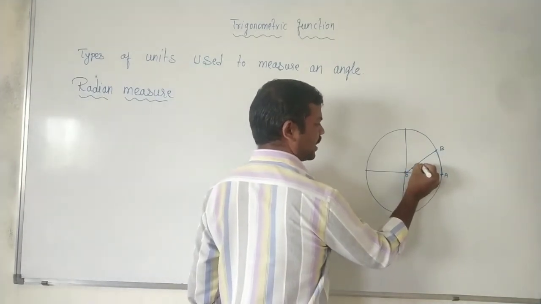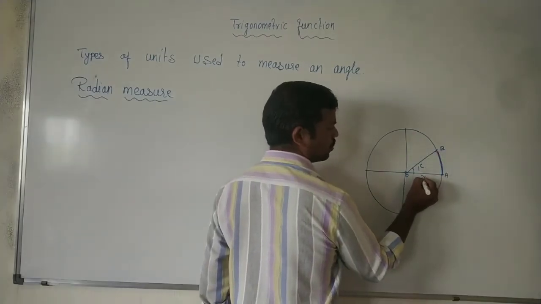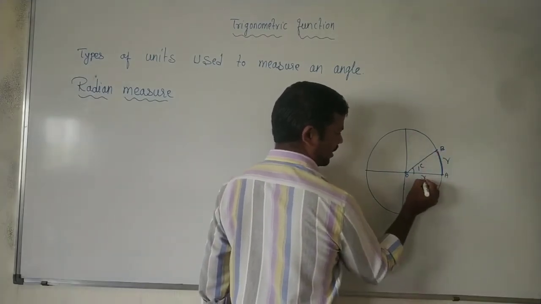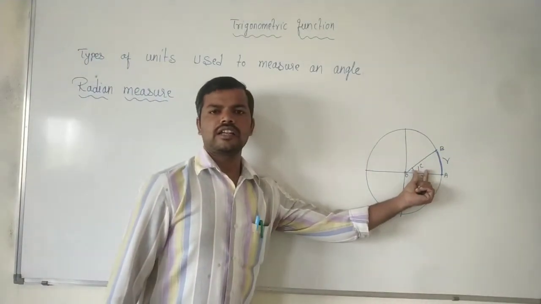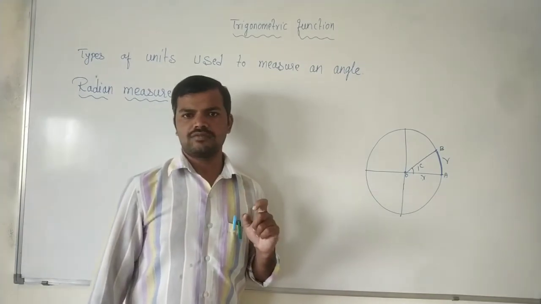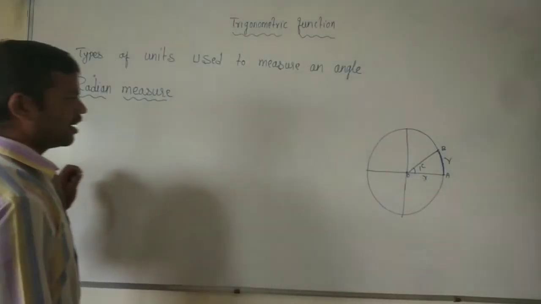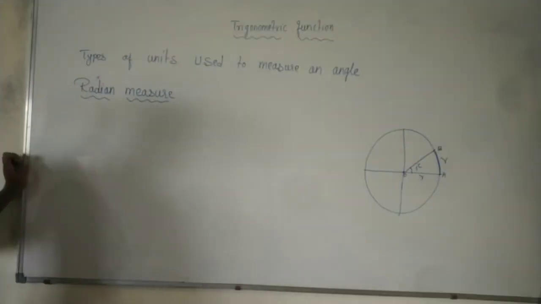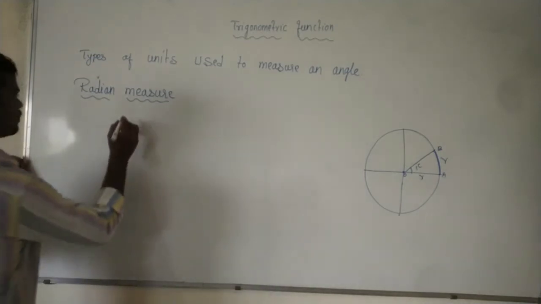It is 1 radian if the length of this arc is equal to the radius.